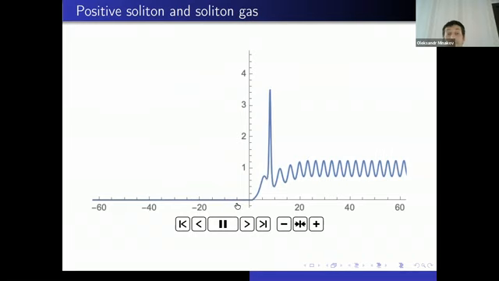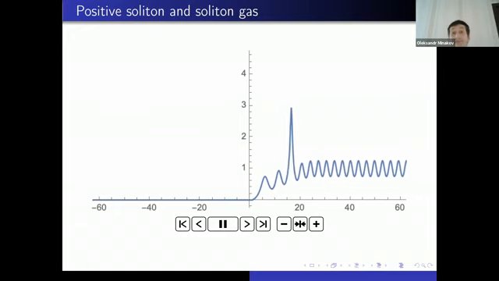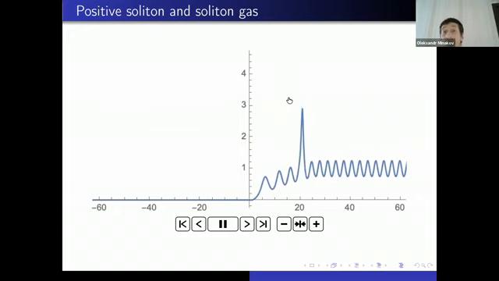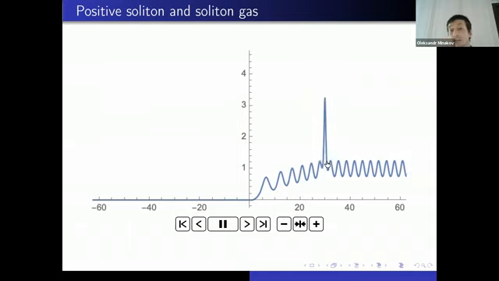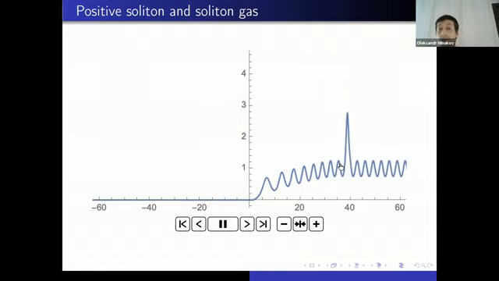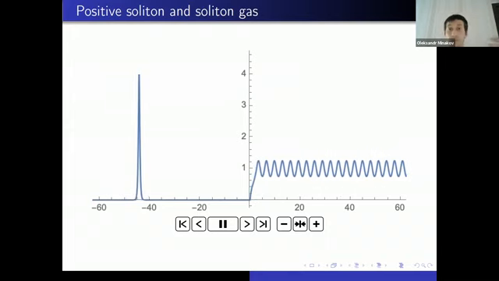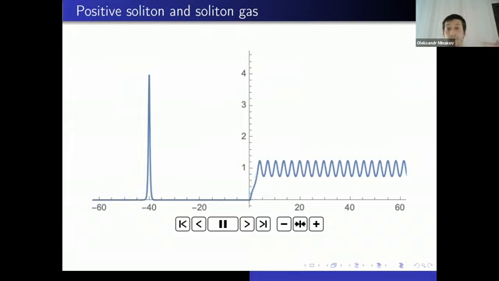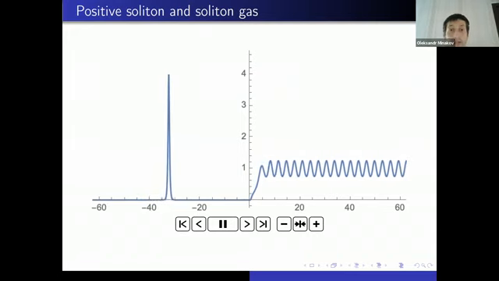So it interacts. What we can observe is that there is some average speed of this soliton, but each time it interacts with a further small soliton, it gets an additional shift of position to the right. So it will be accelerating from time to time, every time it interacts.